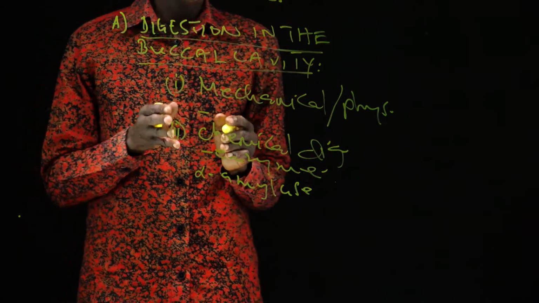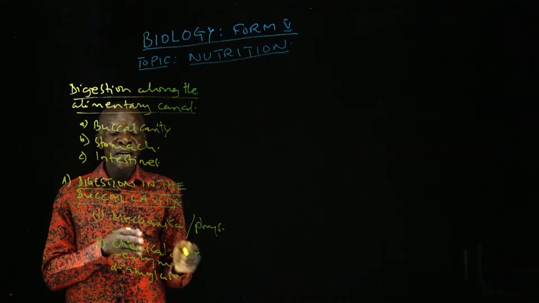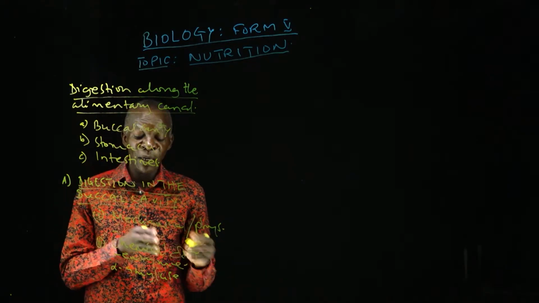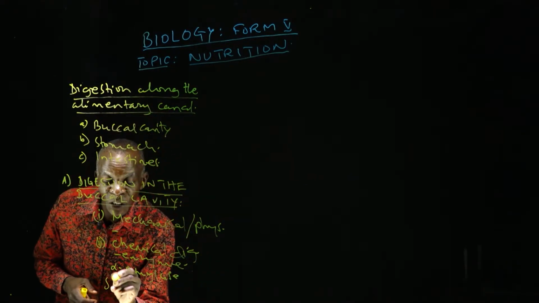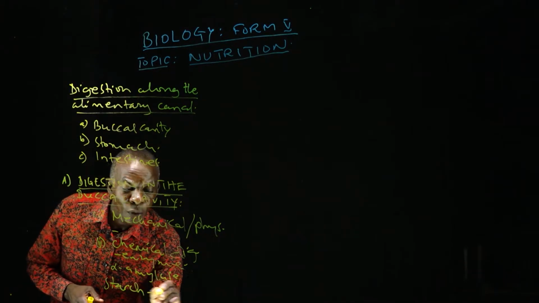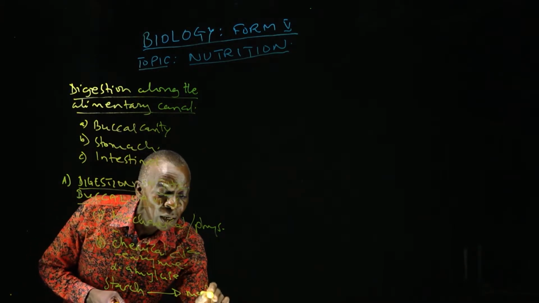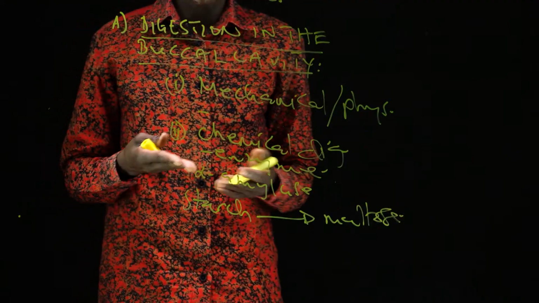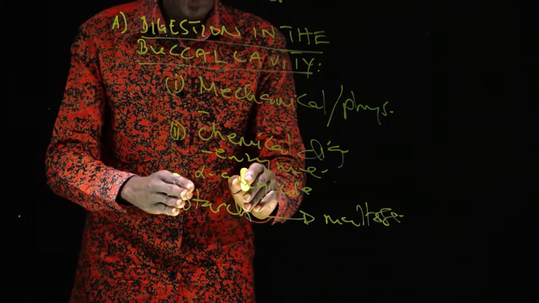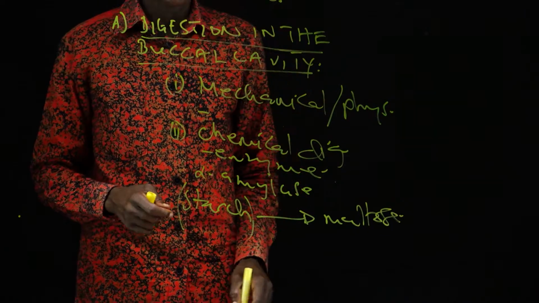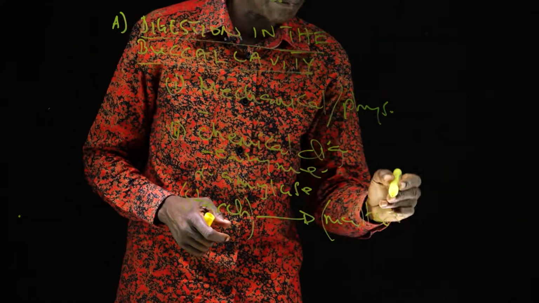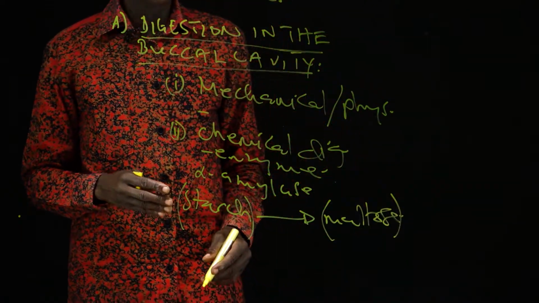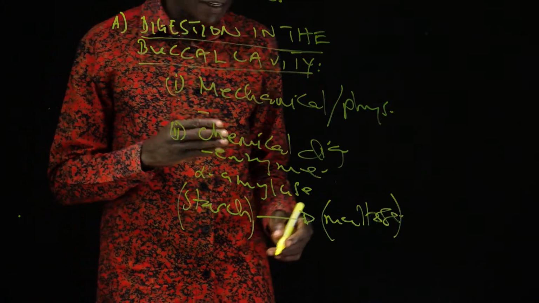Its role is to catalyze the hydrolytic breakdown of starch into maltose. You can see that there is a chemical change from a complex carbohydrate, a polysaccharide, to a simple carbohydrate, that is a disaccharide.